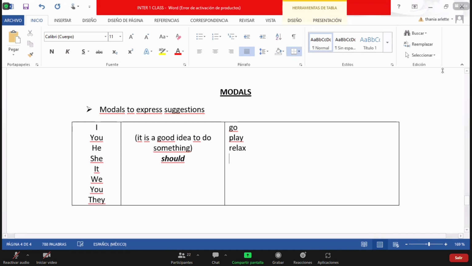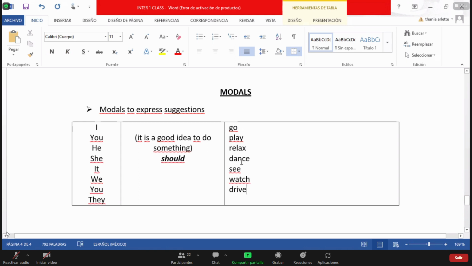Tell me more verbs, guys. Give me ideas. Go, play, relax. See a movie. Dance. What? See a movie. See, yeah, okay. Another one. Watch, drive, play. Okay, drive and play are already there.